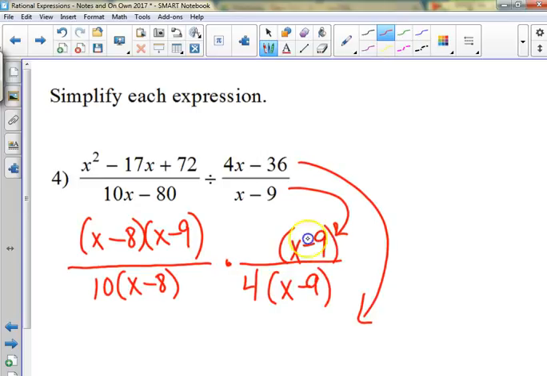Can I divide the x minus 9s here, or do I have to do this one? It doesn't matter at all. One of them is going to divide out, but there's still one there, right? What else? X minus 9 over 40. We okay?